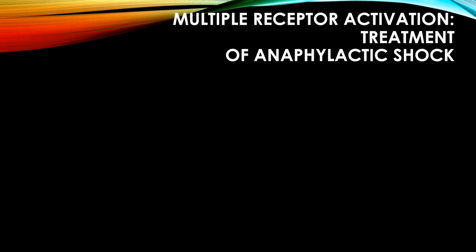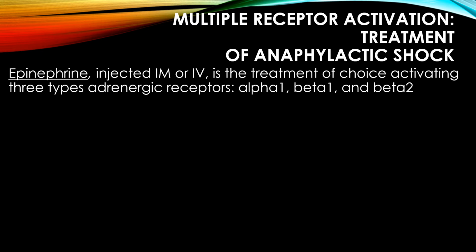Now, for the multiple receptor activation, we have here the treatment of anaphylactic shock. Anaphylactic shock is a manifestation of severe allergy characterized by hypotension, bronchoconstriction, and edema of the glottis. The treatment is epinephrine, injected IM or IV. It is the treatment of choice, which would activate the three types of adrenergic receptors.